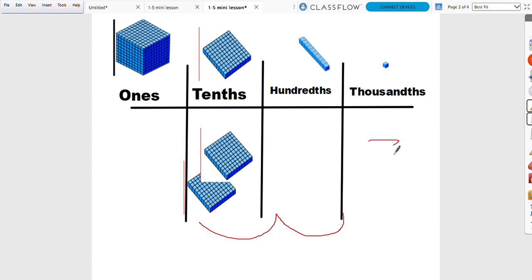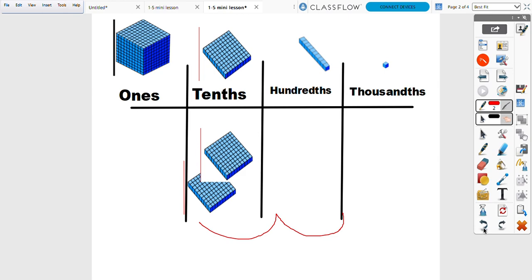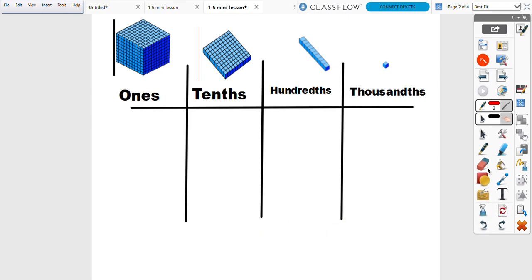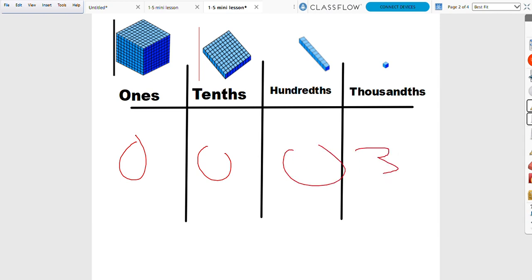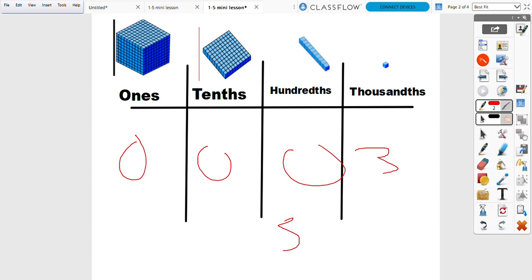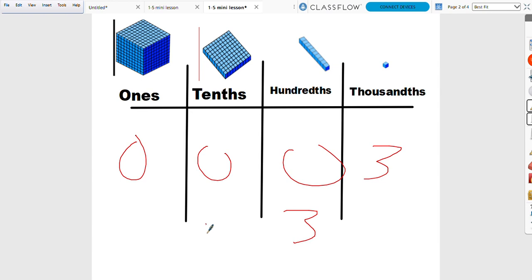So if it's 3 thousandths and you're multiplying it by 10, if you had 3 of these times 10, you would have 3 of these regrouped. It would be another 3 here, and it would be 0.03.